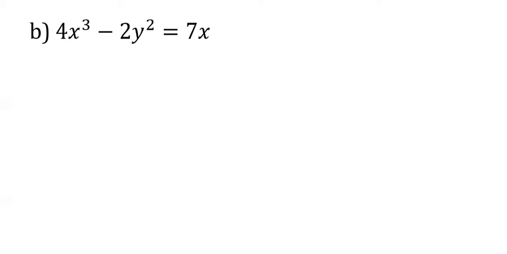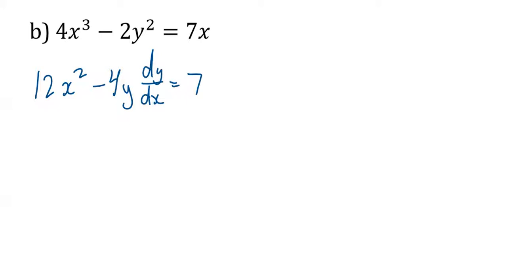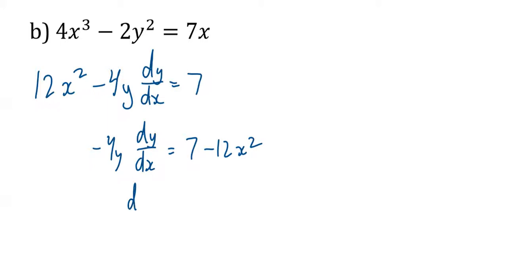So again, the same rules apply, right? 2y squared, I bring the exponent down, multiply it by the coefficient, subtract 1 from the exponent, but don't forget the dy by dx. And isolate for dy by dx.